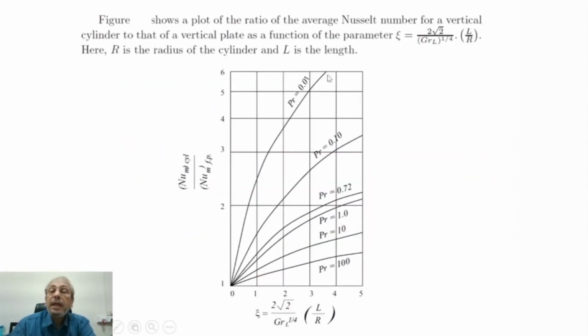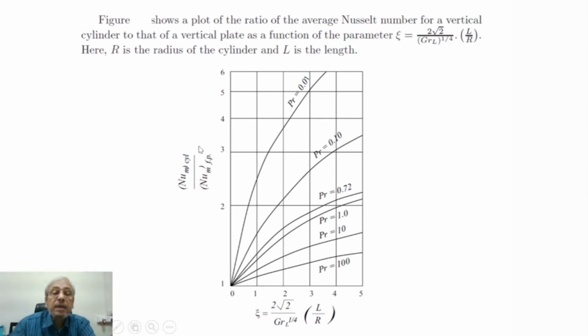Now very quickly we will show that if we know the average Nusselt number due to a vertical flat plate, then that can be related to the average Nusselt number for a vertical cylinder. And how can we relate that?